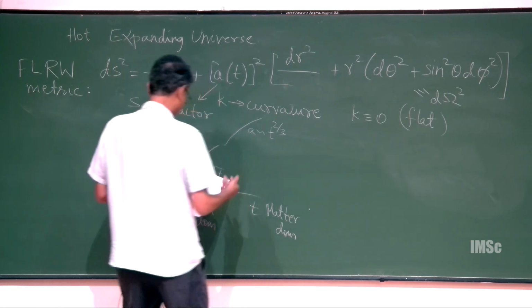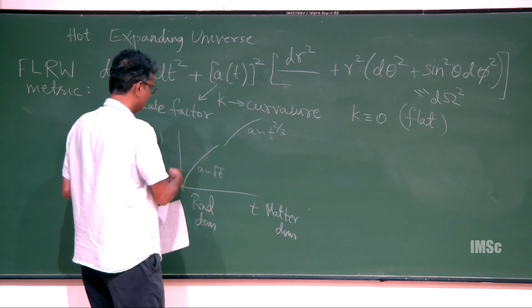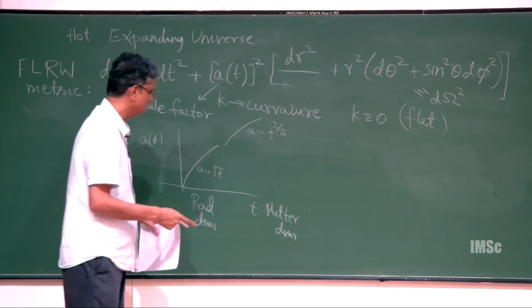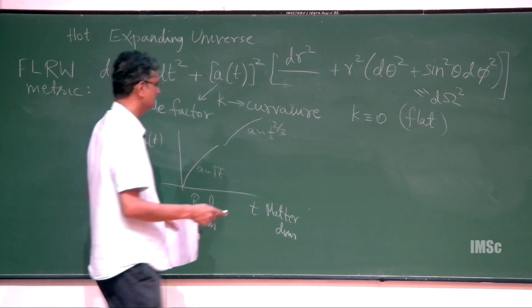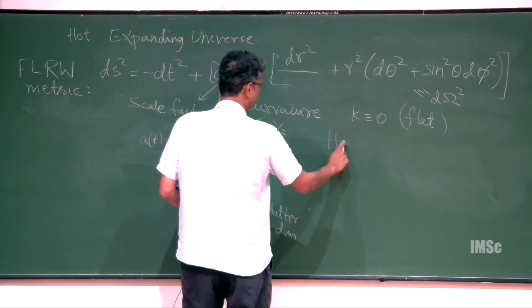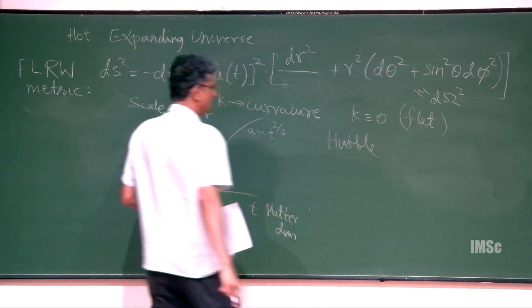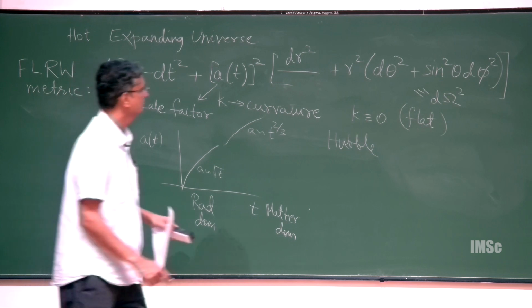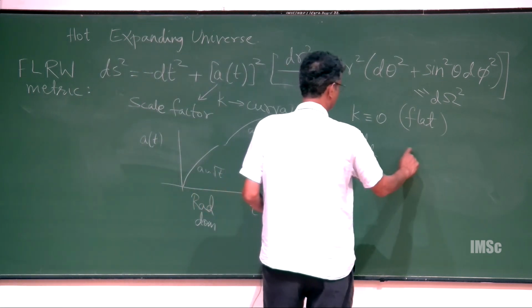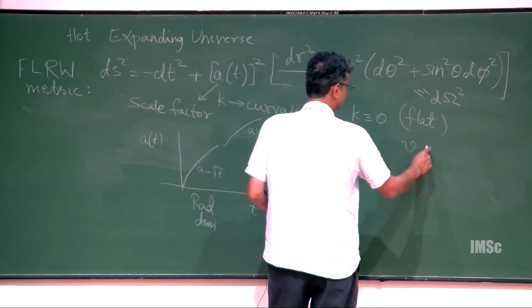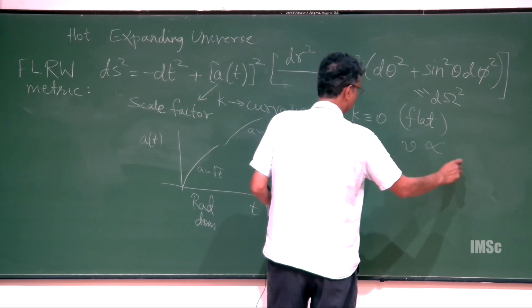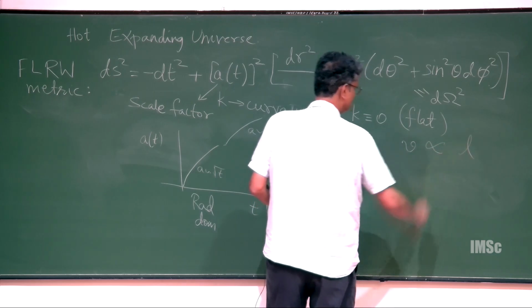And of course, as you know, the observational evidence for an expanding universe came from Hubble, more than 100 years back. He said that the velocity of recession of a galaxy is proportional to the distance, right?